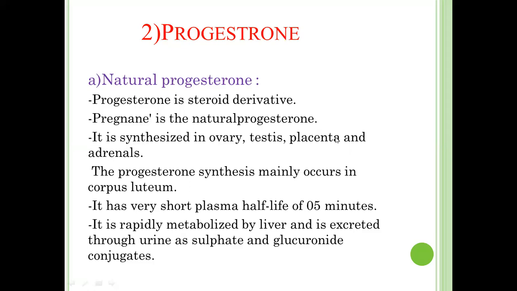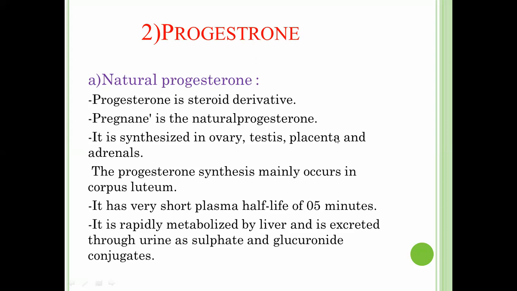The adrenal gland, where is the location of the adrenal gland? Upper side of the kidney. Okay, so the adrenal gland and testes in males produce progesterone, and progesterone levels in males are similar to those of females in the follicular phase of the menstrual cycle, when the egg follicle on the ovary is preparing to release an egg.